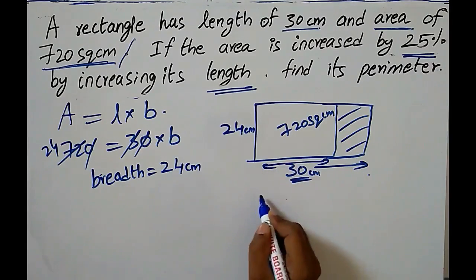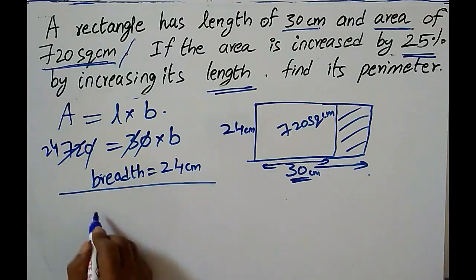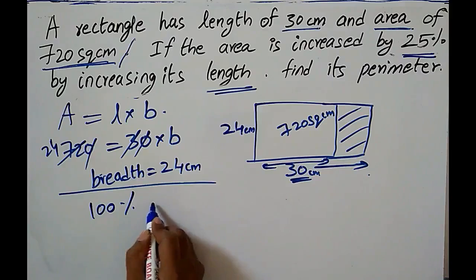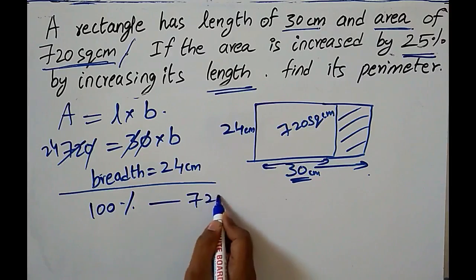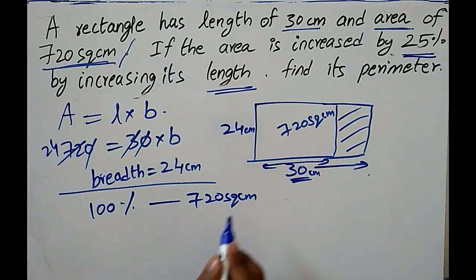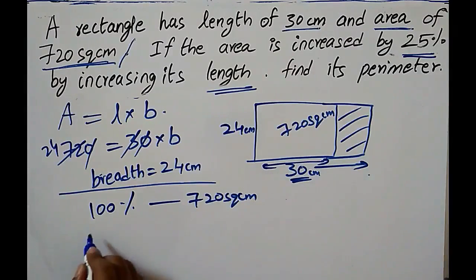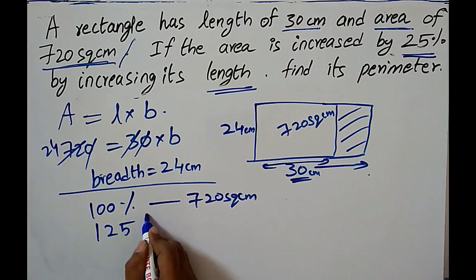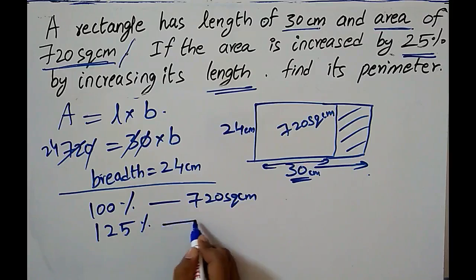First of all, we will find what is the increased area of the rectangle. So if we consider 100% of the area is 720 square centimeters, now the area is increased by 25%. So we are increasing this percentage, which we have to find.